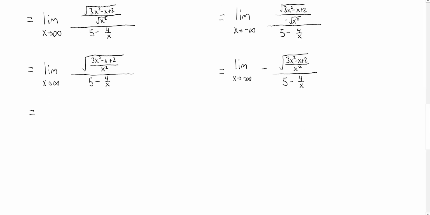And we're almost done. Next, I'm going to divide x squared into each term here. 3x squared over x squared is 3. x over x squared is 1 over x. Then we've got 2 over x squared.